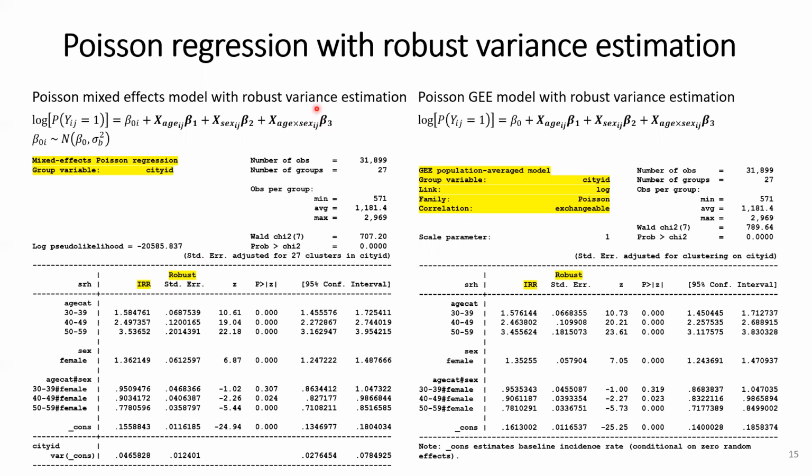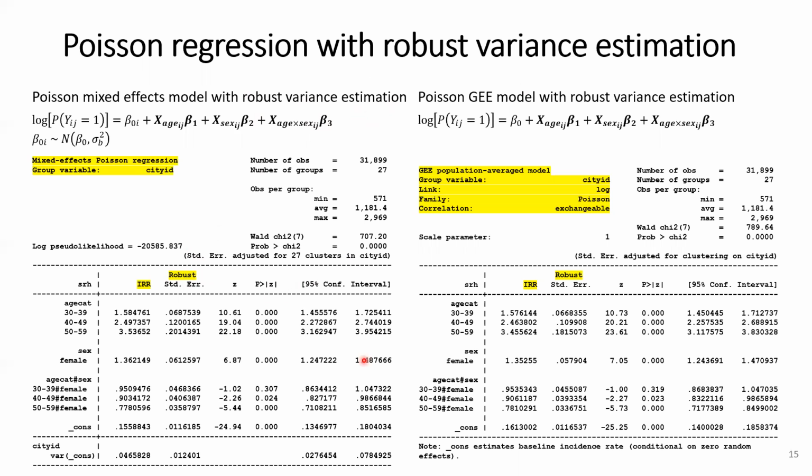And if we don't use robust variance estimation, your inference, confidence interval and p-value are going to be wrong. So make sure that you include this robust variance estimation when you model.